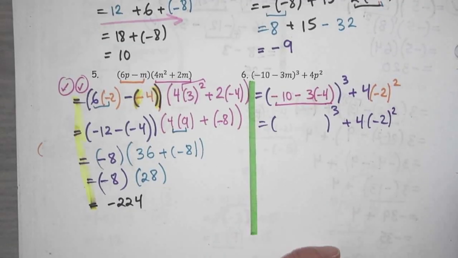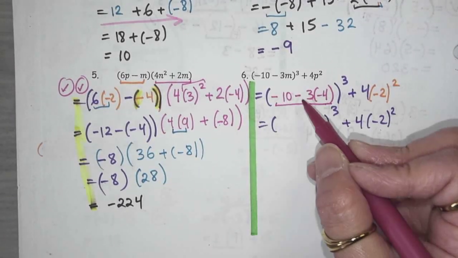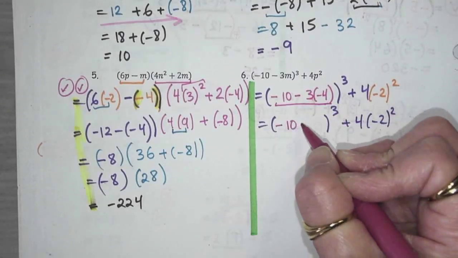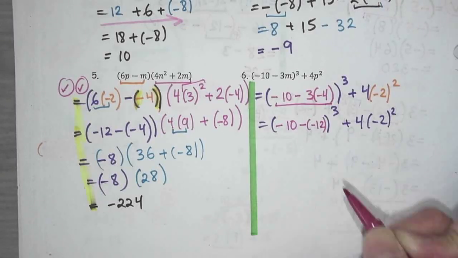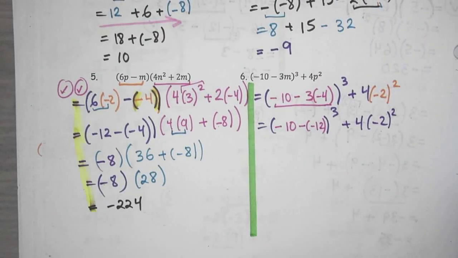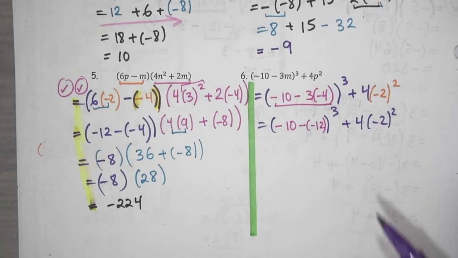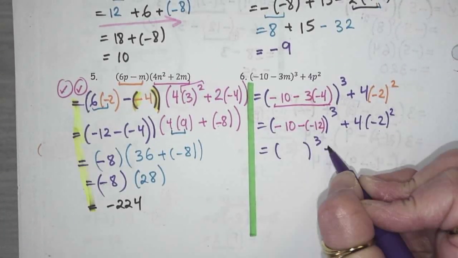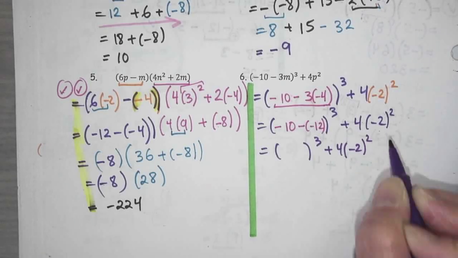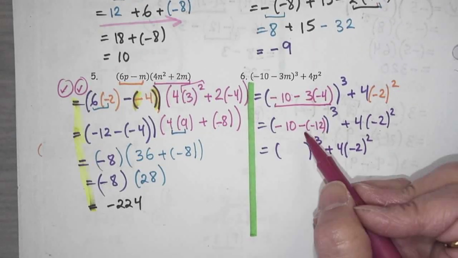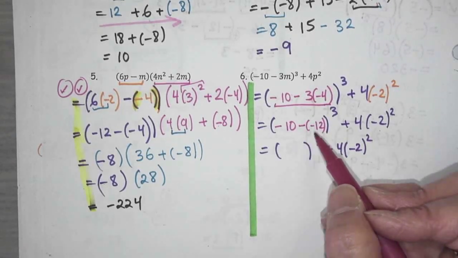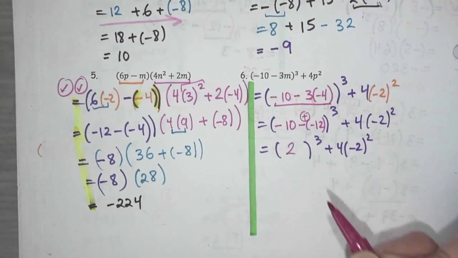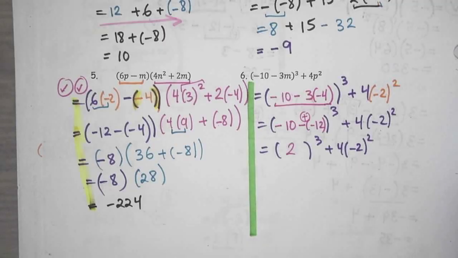So in the bracket first here, we've got negative 10 minus 3 times negative 4. That's multiplication. So we're going to bring those together, so minus negative 12. Then we're going to keep finishing this in the bracket part. Okay, so negative 10 minus negative 12, which makes a plus. So negative 10 plus 12, so it'll be 2. 2 cubed.